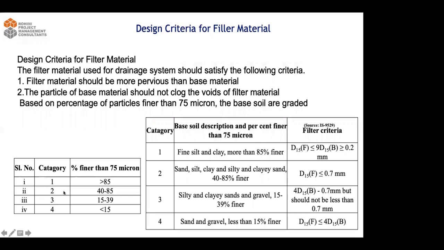Now, category 1, it has to be greater than 85. 2, these are the categories, and how much it is as per IS, what the filter media is. Based on that, you have the categories also, right? So there are proportions which are already mentioned. So based on the height of the bund, based on the width, based on how you want the bund to function, the design criteria can be changed, and it can be revisited as required.